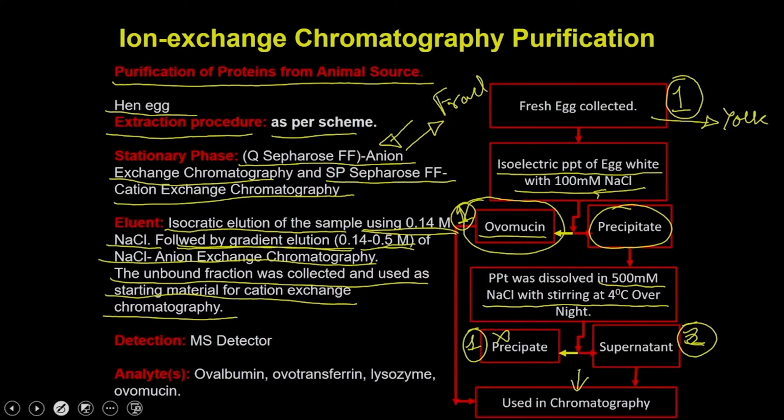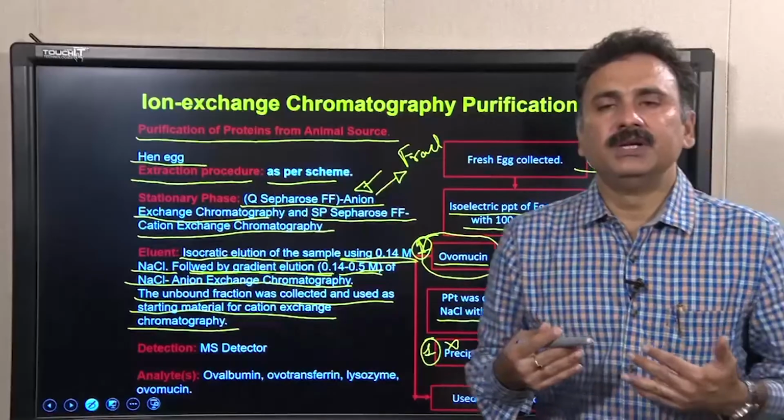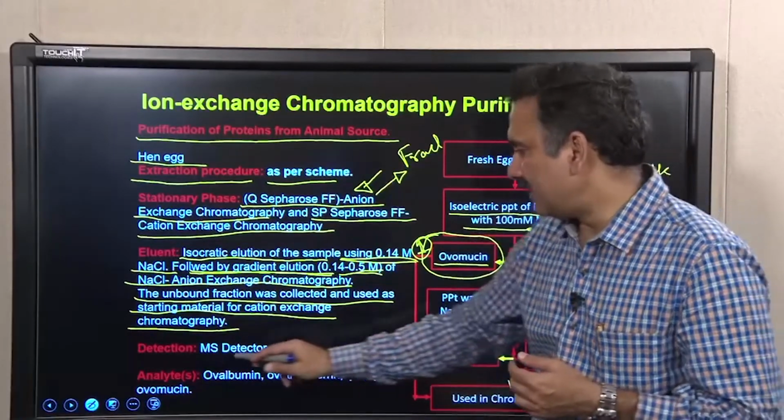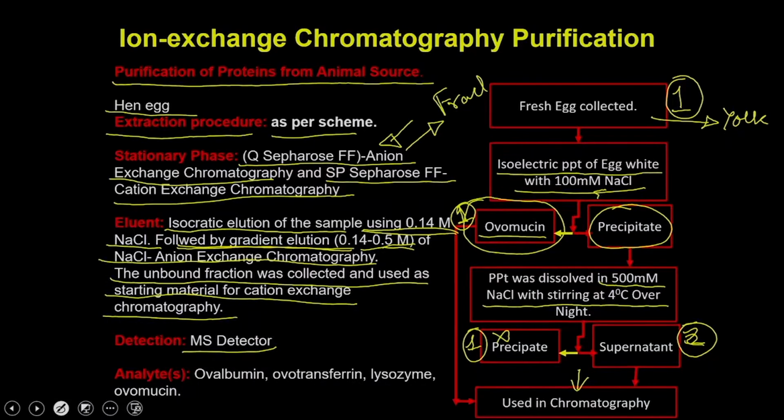Ultimately you use mass spectrometry as a detector to detect the masses of the proteins coming from either the anion exchange column or the cation exchange column, and you detect the different proteins like ovoalbumin, ovotransferrin, lysozyme and ovomucin. Because all these proteins are of different molecular weight, you will be able to detect them while they are coming from the elutions.